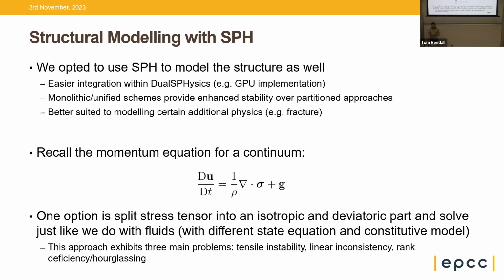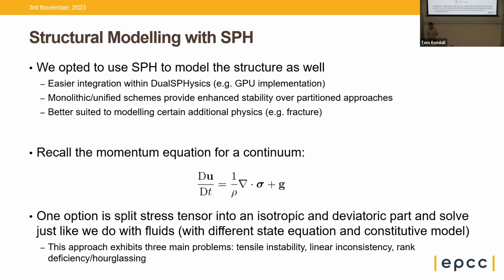Now, for the structural modeling, we actually did decide to use SPH for that as well. The two main reasons are, first, because we're using SPH to model the fluid, it's going to be easier to integrate a structural model into DualSPHysics if we use SPH for the structure too.